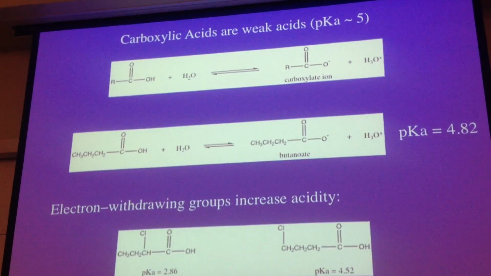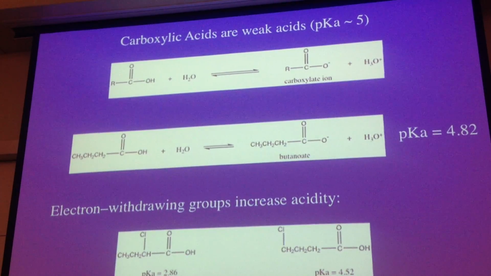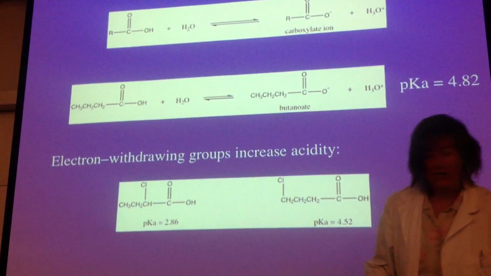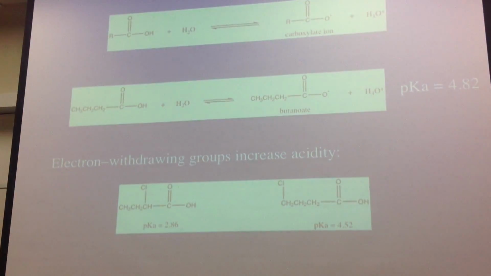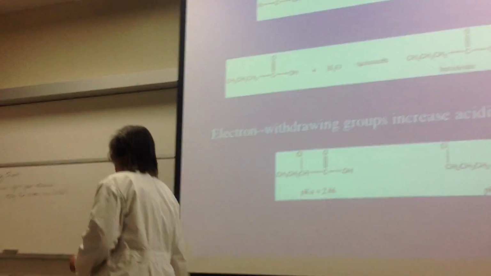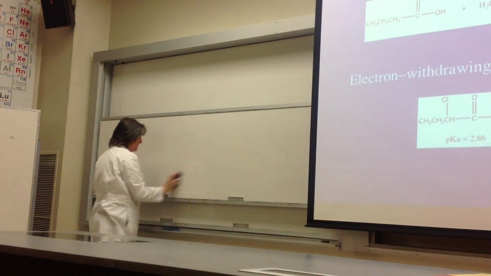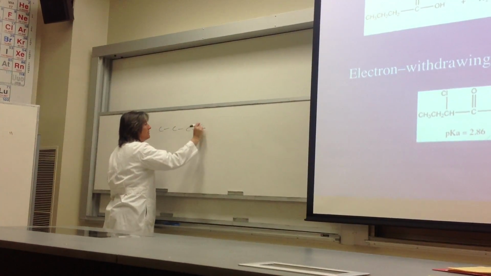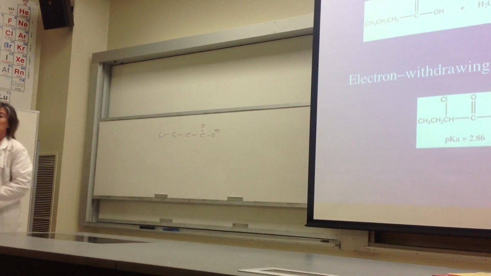The typical factors that have affected acidity and basicity will also affect carboxylic acids. So the first one would be if you have an electron withdrawing group nearby. You get the inductive effect when this happens. Let's go to the board for this. So if I have 4 carbons, I'm really looking at how I'm going to be stabilizing this carboxylate ion.